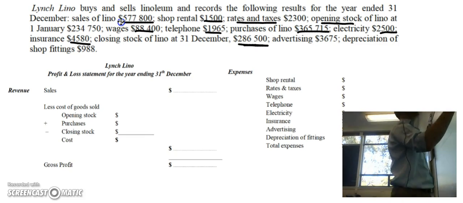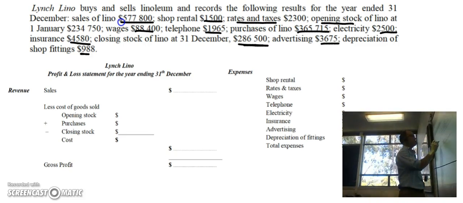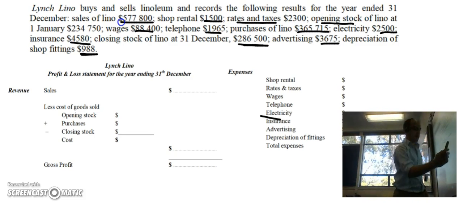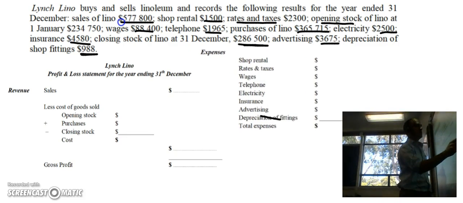They spent throughout the year some money on advertising and also on depreciation of shop fittings. So throughout your tasks, you're given a scaffold like this. Just going to have to move this one along so we can see it.